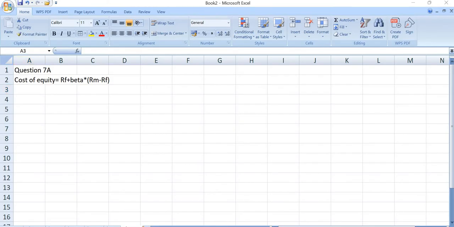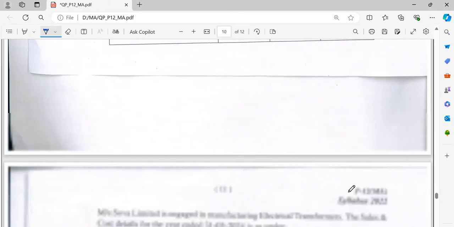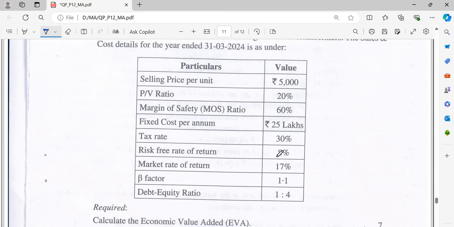Here RF they have given. This is our RF, this is our RM, and beta is 1.1. Based on this we are going to calculate.